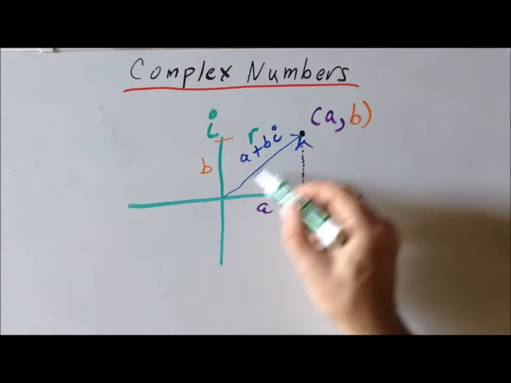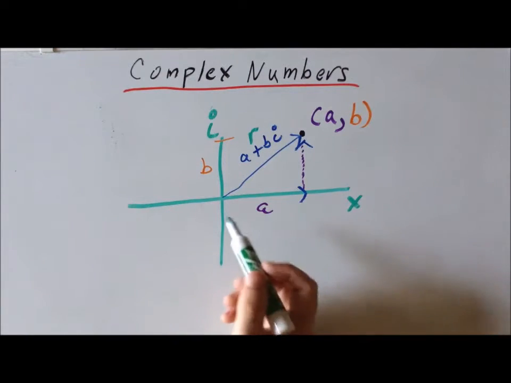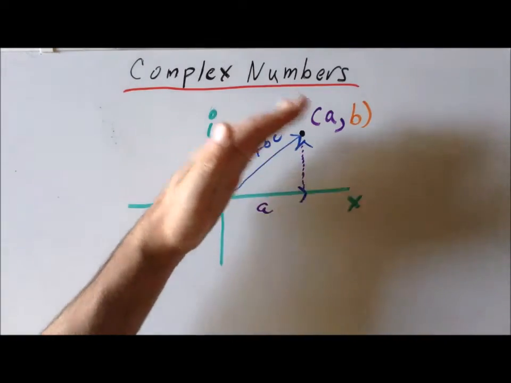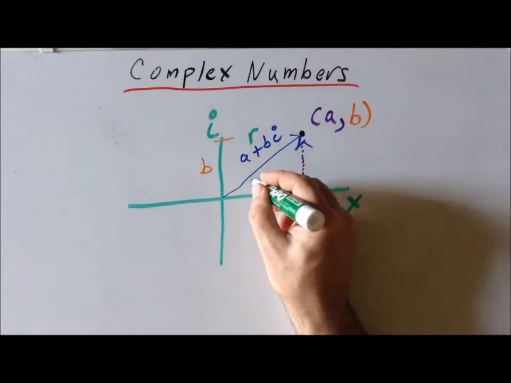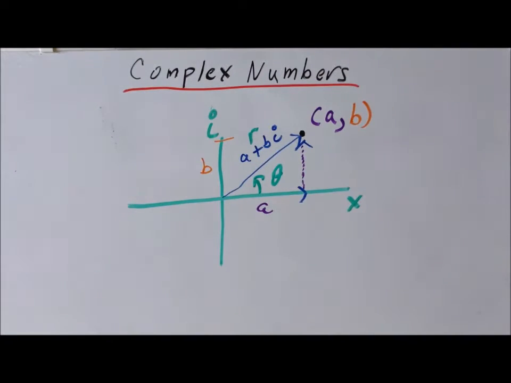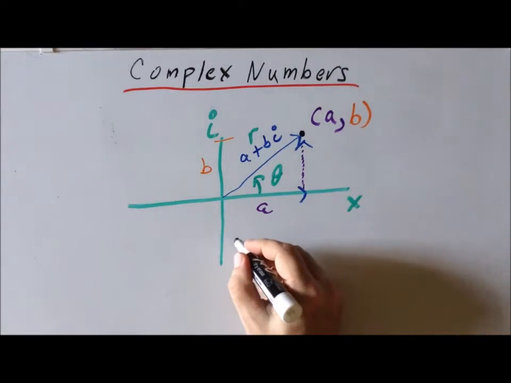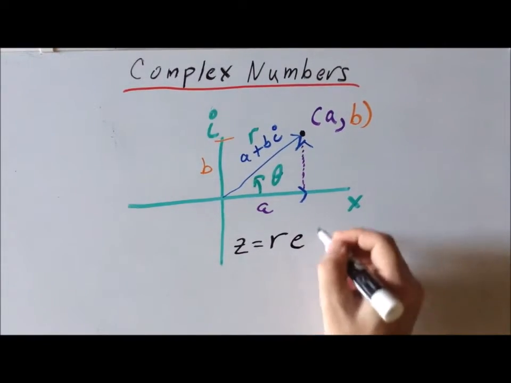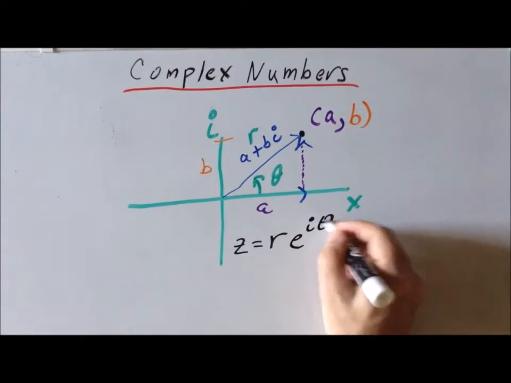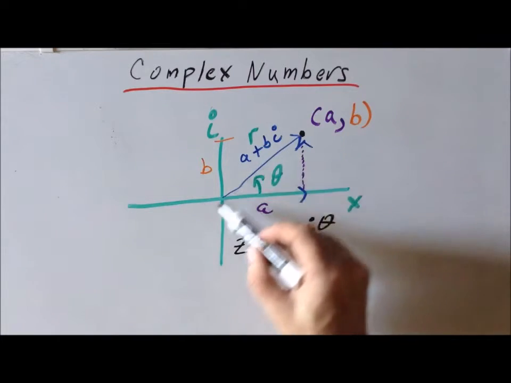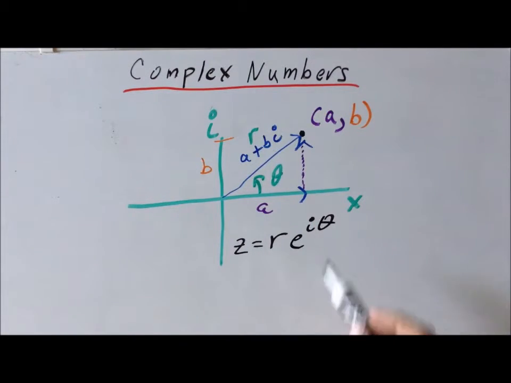And we've actually rotated this particular vector an angle theta from the horizontal. So this gives us the significance when we've written a complex number as r times e to the i theta. The r is this particular length here, the hypotenuse of the triangle, and the theta is this particular angle.